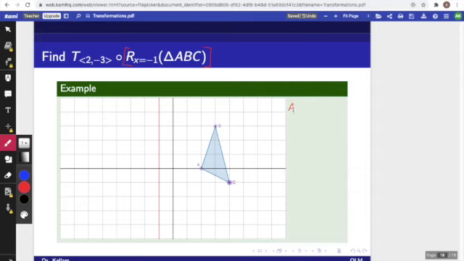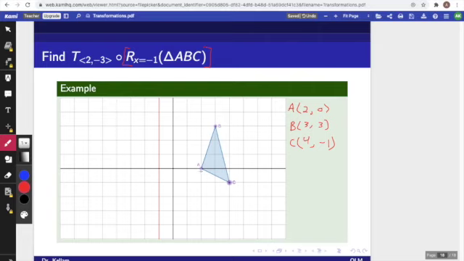Let's go ahead and figure out what A, B, and C are. A is (2, 0). B is (3, 3). And C is (4, -1). Okay. So let's talk about the reflection about the line x equals -1. This is going to affect our x values.